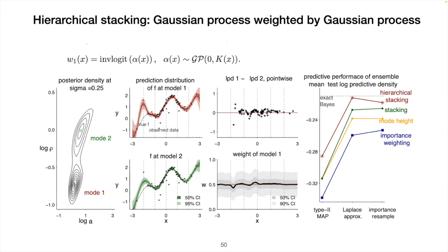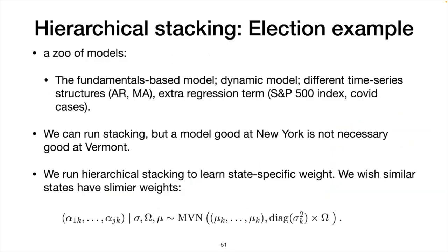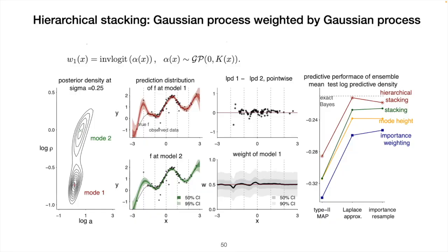Sorry, why do you want the weights to be variable in X? Because you have two models and two predictions, right? But they must have different predictions in different areas.